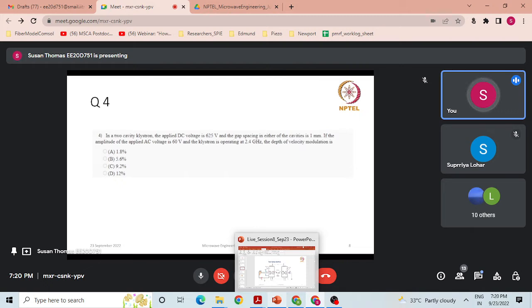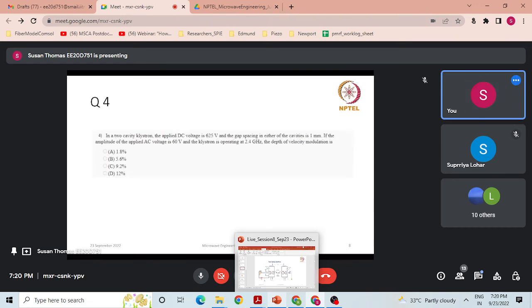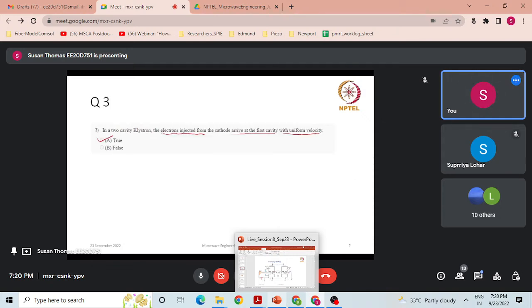The next question is a numerical. Let me give some basic formulas. The electron velocity leaving the cathode is denoted v naught, equal to 0.593 times 10 to the power 6 times the square root of capital V naught.